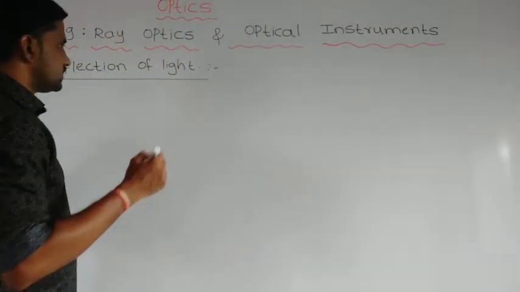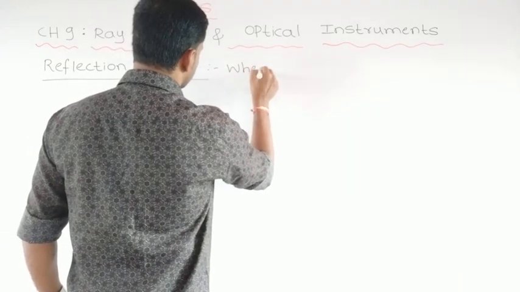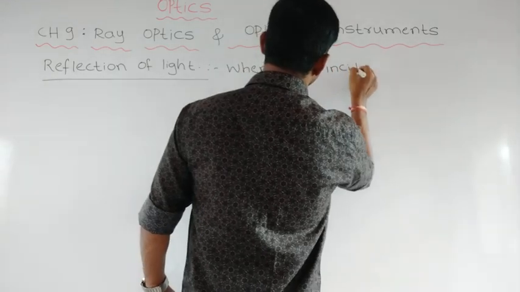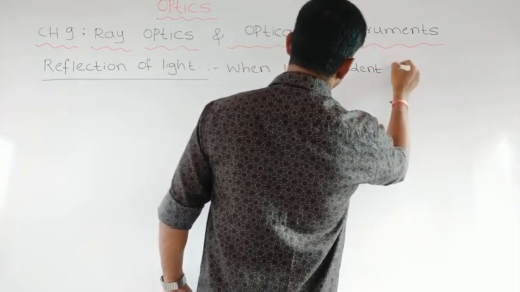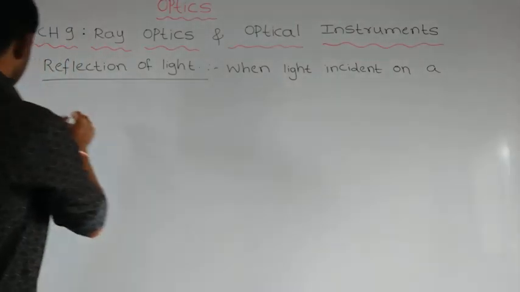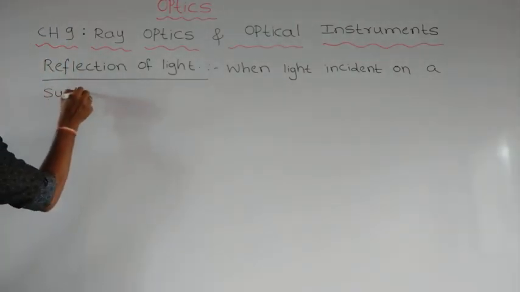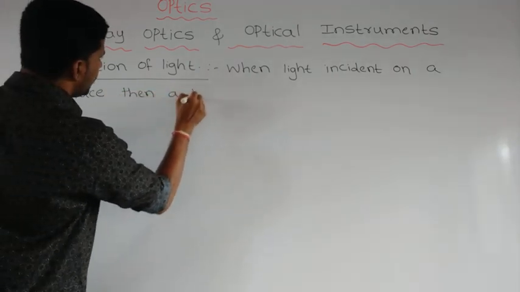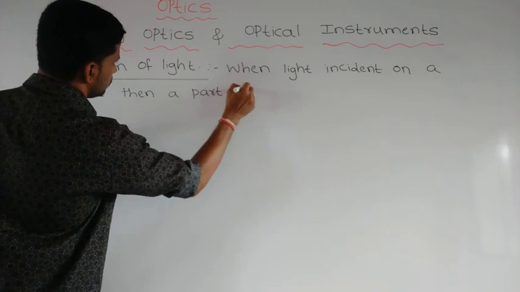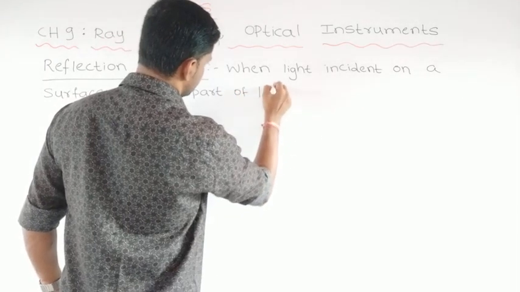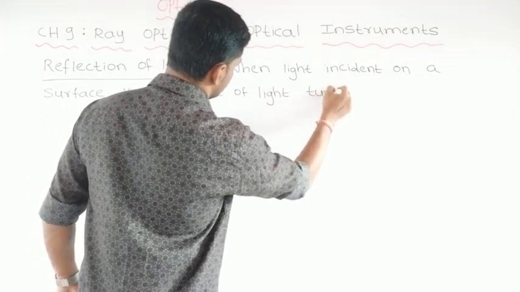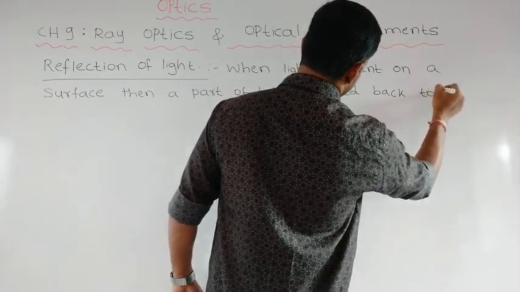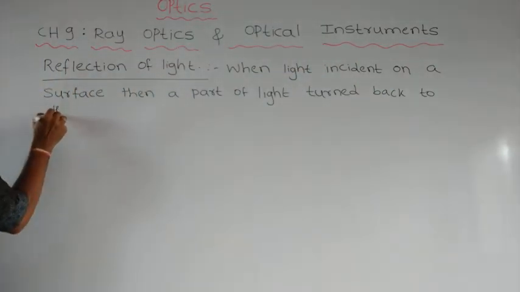So reflection of light is nothing but when light is incident on the surface, then a part of light is turned back to the medium.